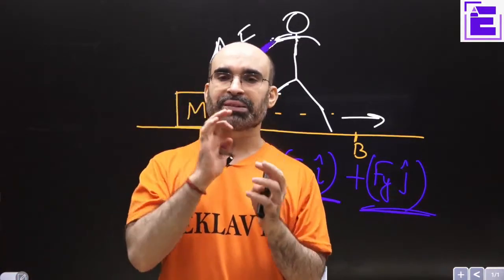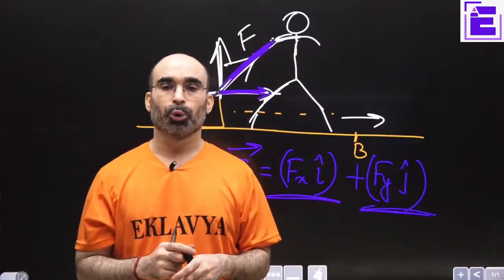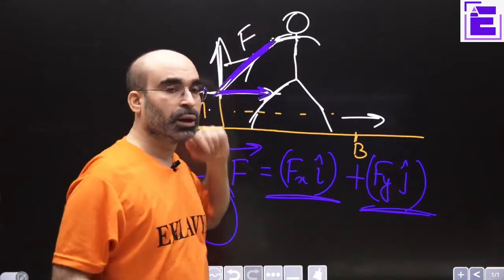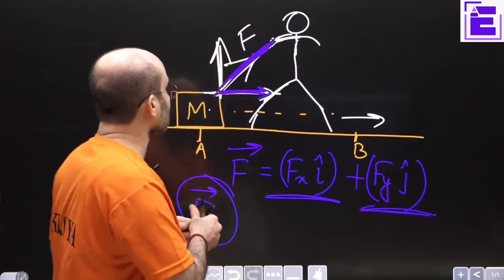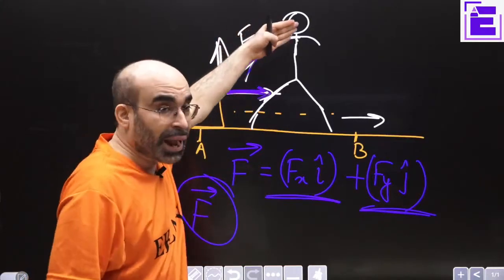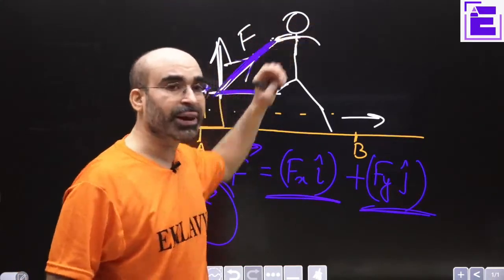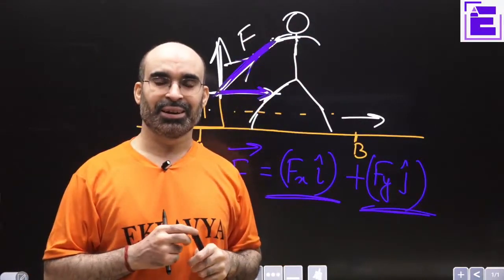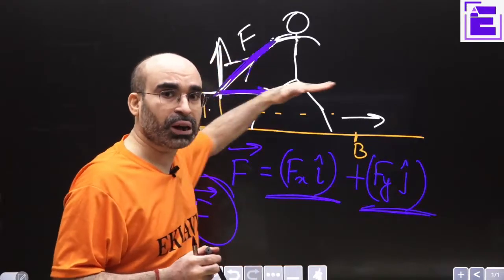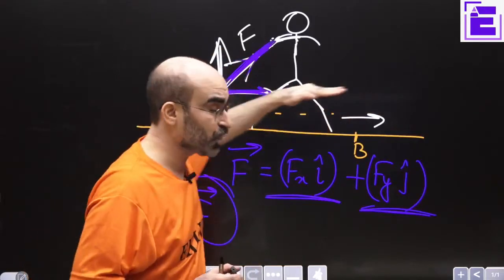So this is very important. Why? Because we need to see that the direction of force, okay, this man is applying force in this direction, but its effect is also along the horizontal axis.